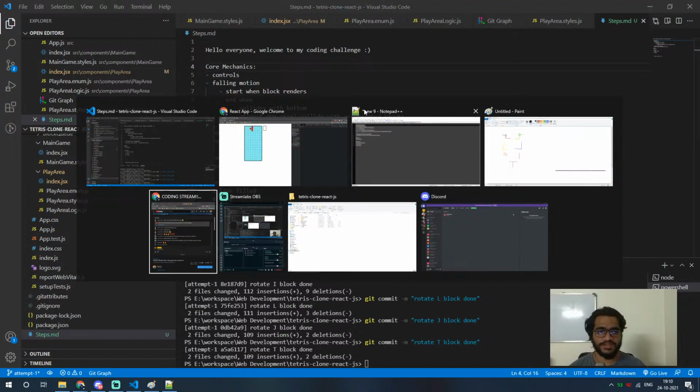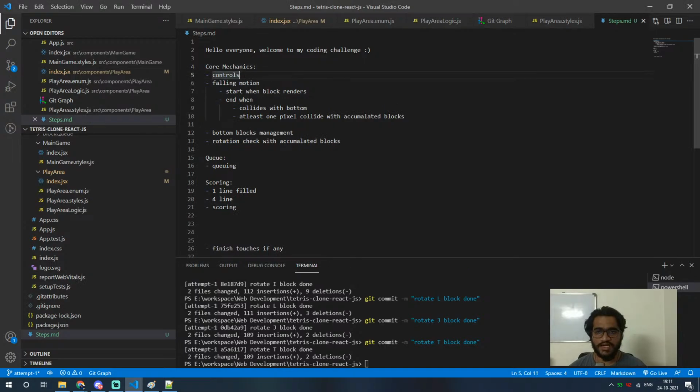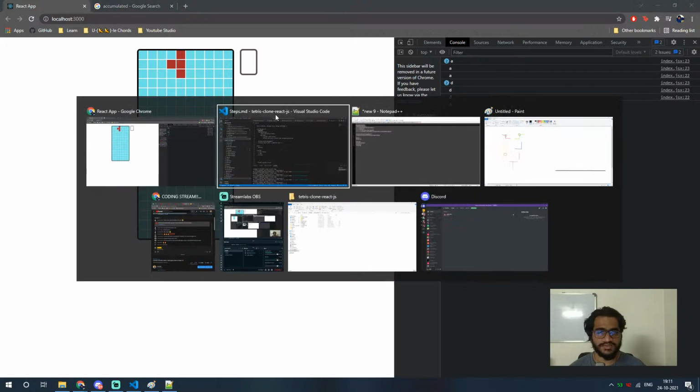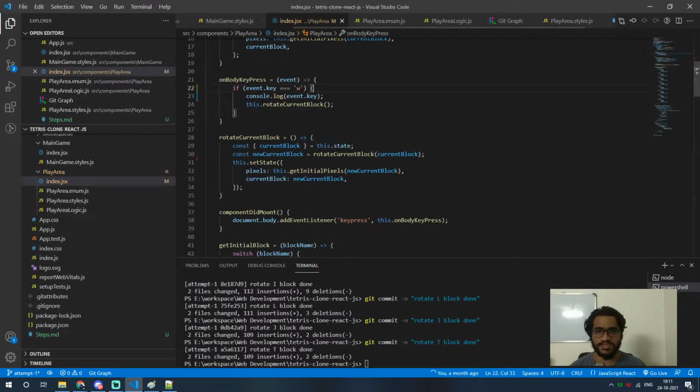Yep, controls. At least A and D should be worked on, right? We can't work on S because we have not worked on the below stuff yet. Once that is done, we can then work on S, but for now we can work on A and D first.